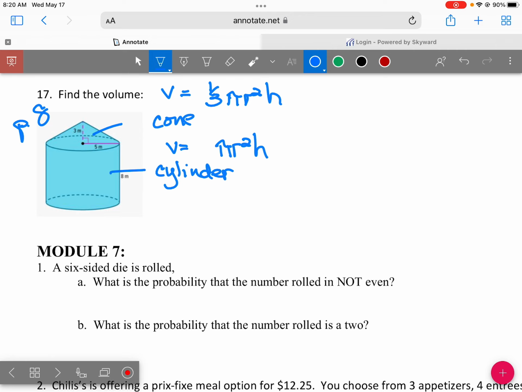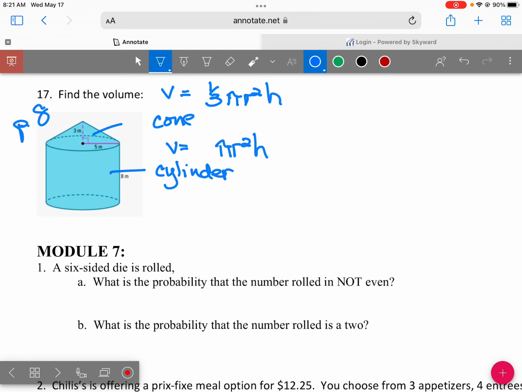So, what is my radius here? What is the radius of the cone? What is the radius of the cylinder in this image? It is 5, yes.